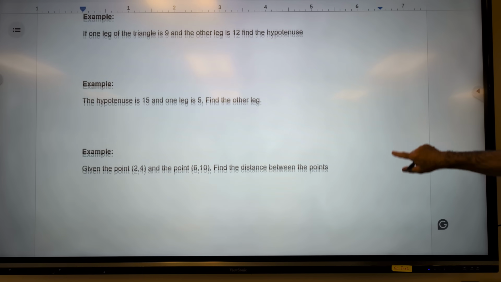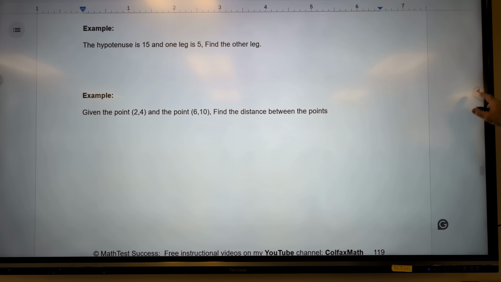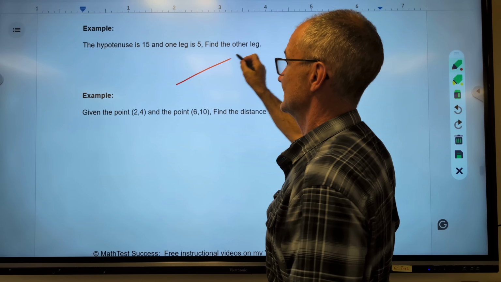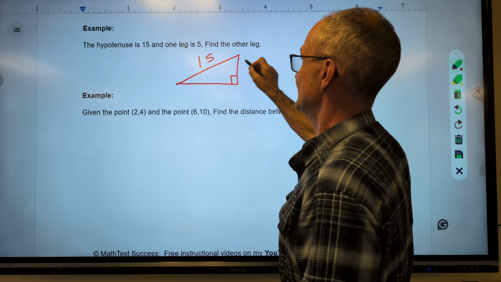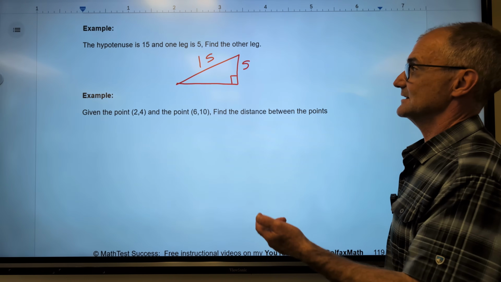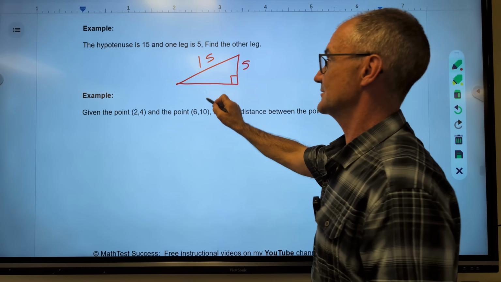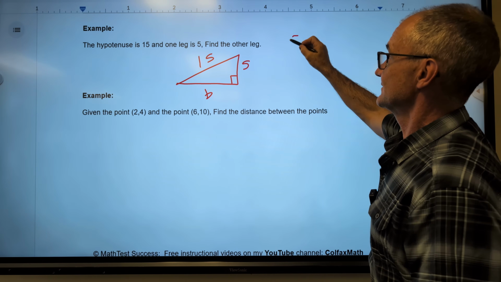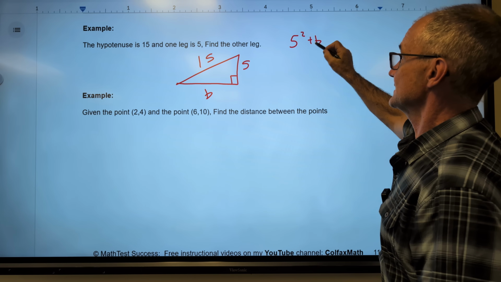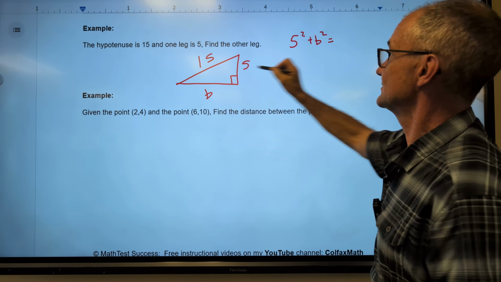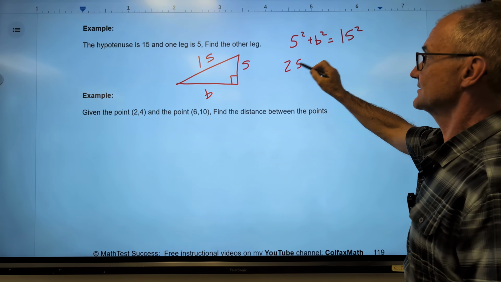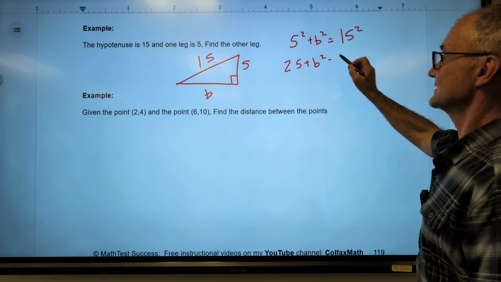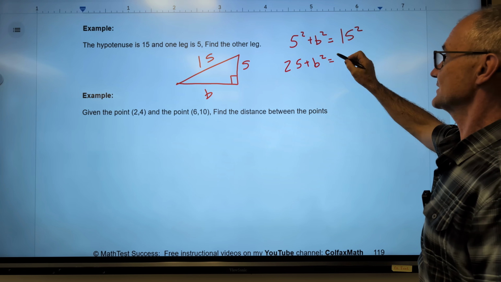Let's take a look at another couple of examples here. This one's a little trickier. The hypotenuse is 15 and the leg is 5. Find the other leg. I don't know what it is, so I call it B. Then I have 5 squared plus B squared is equal to 15 squared. 25 plus B squared is equal to 225.